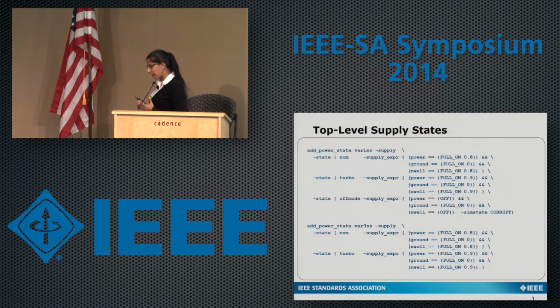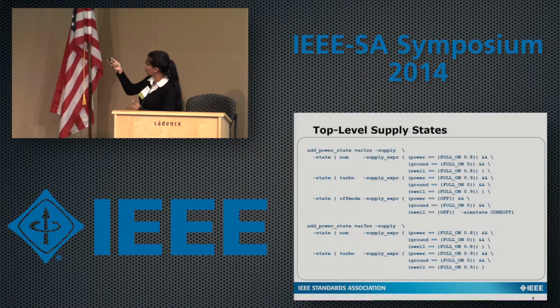So the add power state command allows us to describe the properties of either a supply or a power domain. So at this point, we listed all these different power supplies. We're going to talk about the properties of the power supplies. So you could define a supply set for each power supply in your design or each category of power supply in your design. And you define these different properties of the supply.